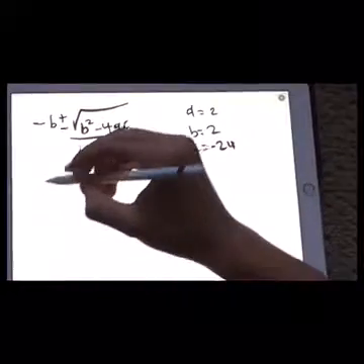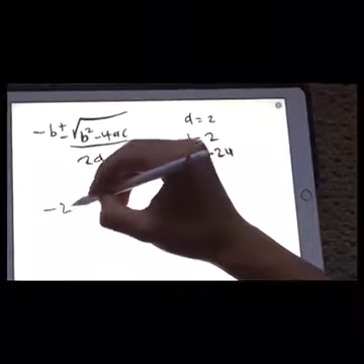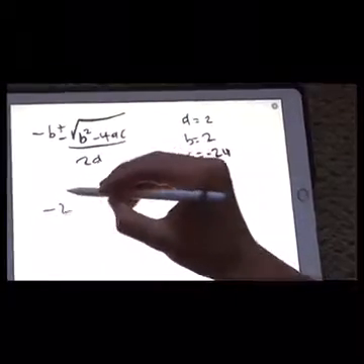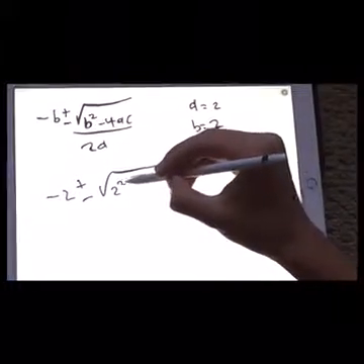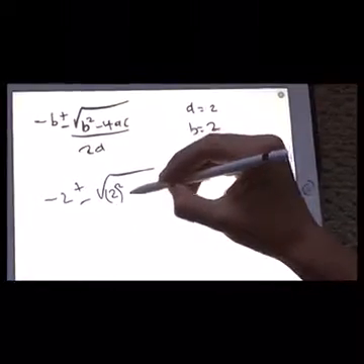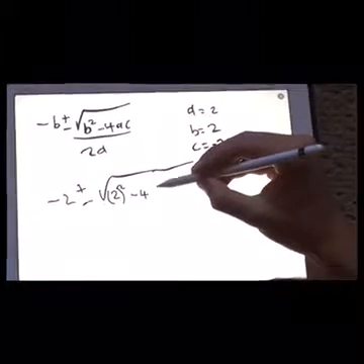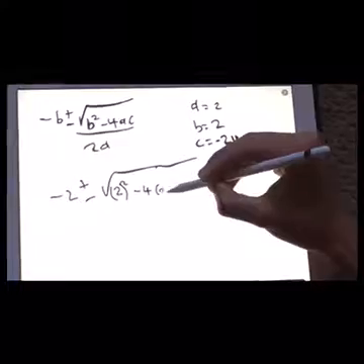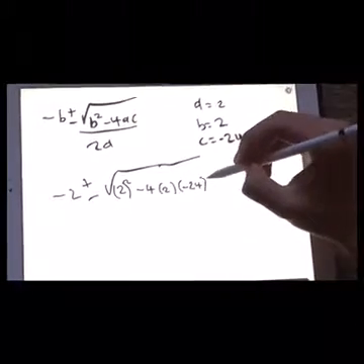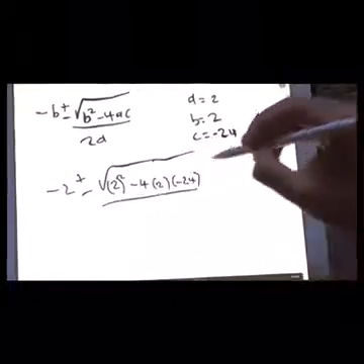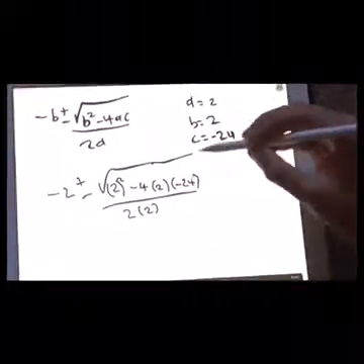Now substitute your values in there, so the opposite of 2 is negative 2 plus or minus the square root of 2 squared minus 4 times 2 times negative 24, all that divided by 2 times a, which is 2.